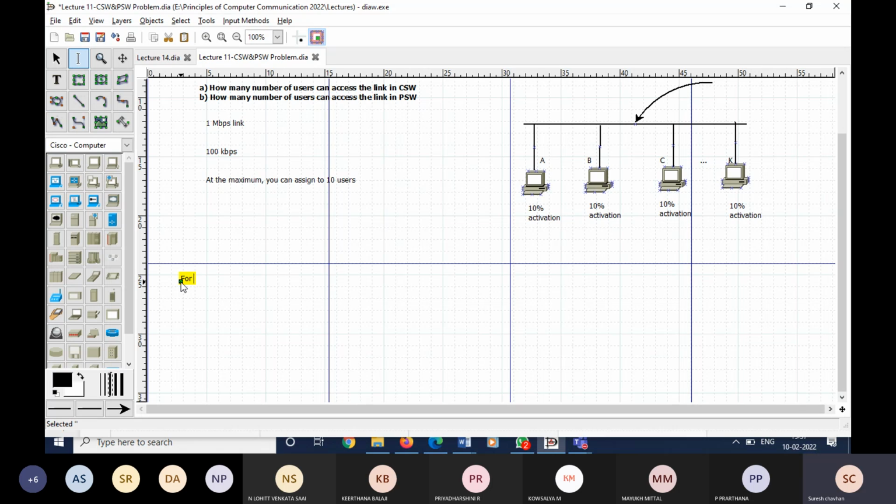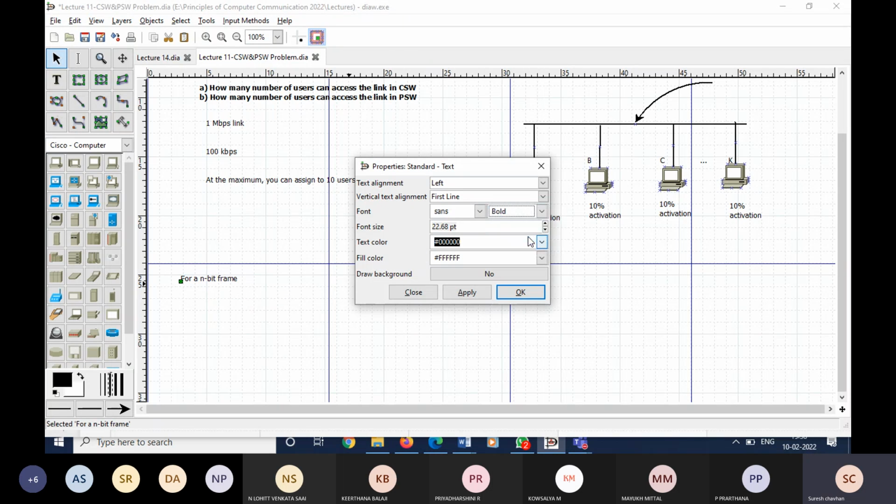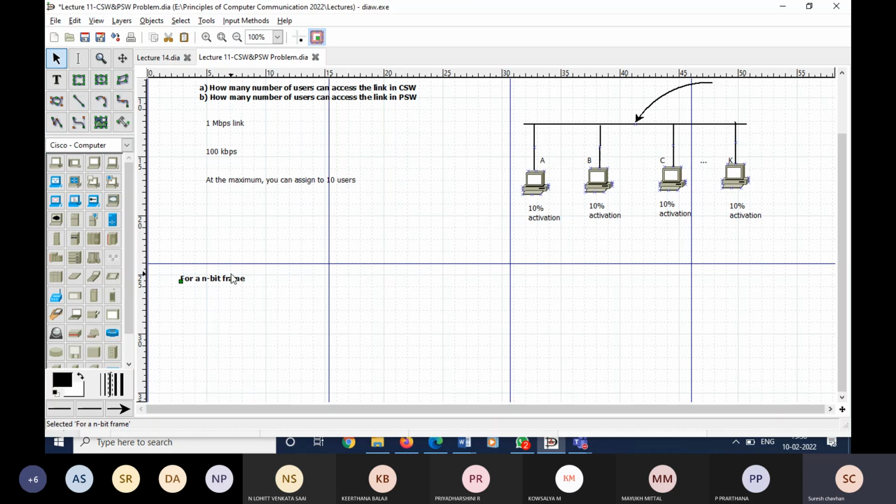For n-bit frames, n-bit frame, I'll make it bold so that you can see clearly. So this is for an n-bit frame. What is the probability of 1 bit error?